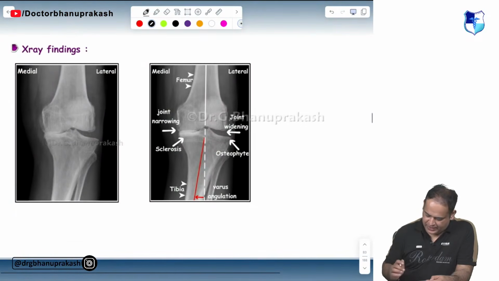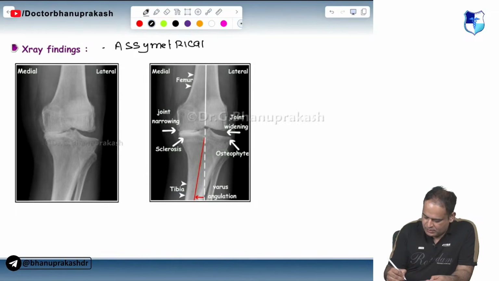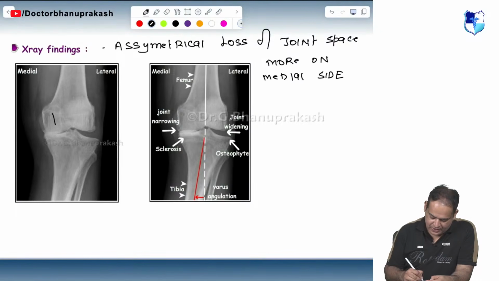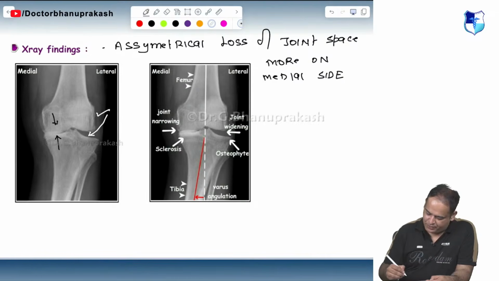X-ray finding. What is the X-ray finding? Asymmetrical loss of joint space, more on the medial side, right here. You see there is no joint space, and on the lateral side you notice that still some space is present.